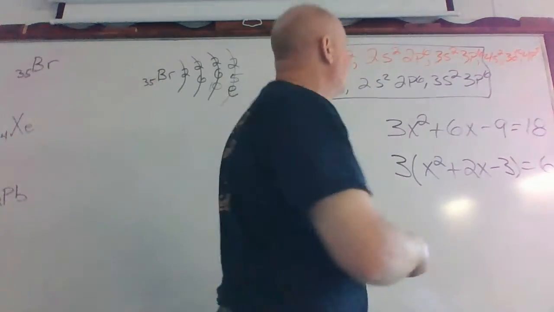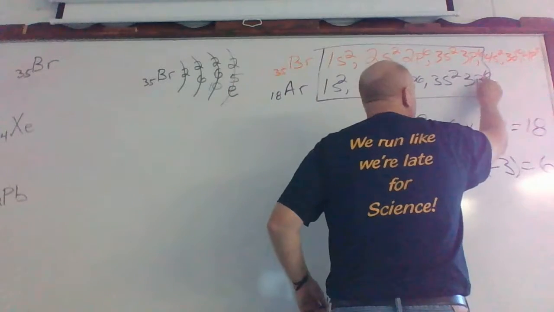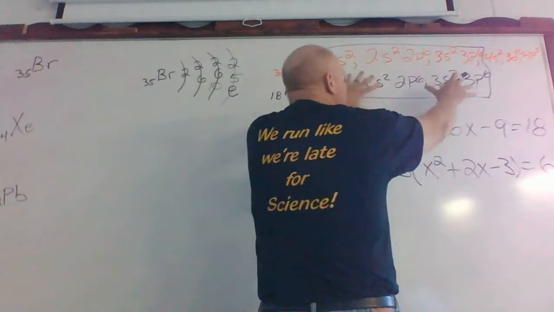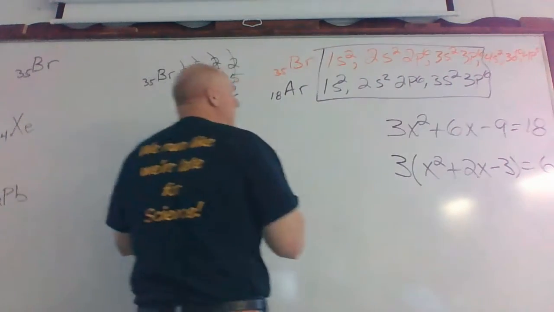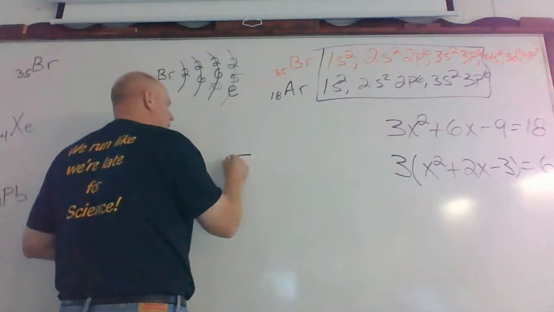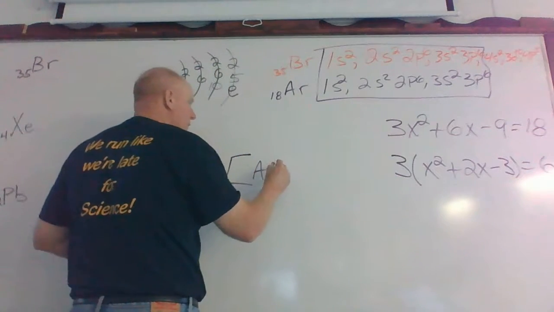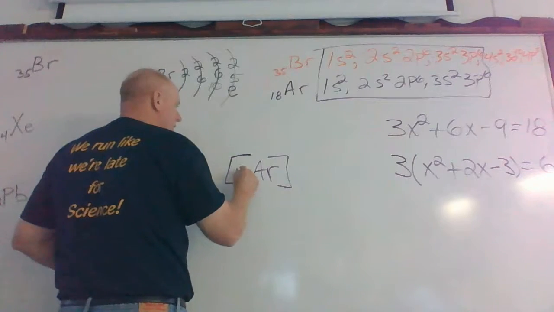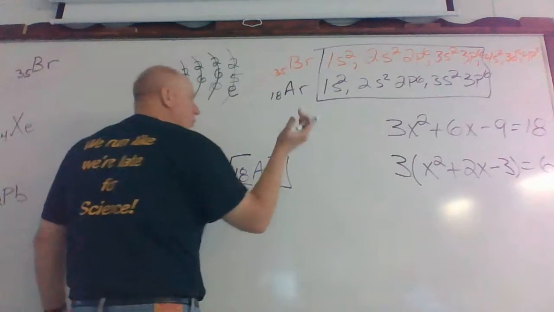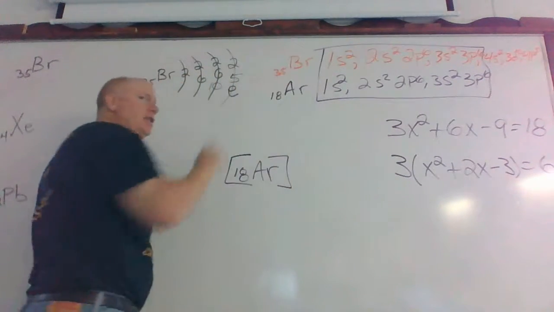So we're going to factor all of that information out of there and say we're going to use an argon or noble gas core. We're already up to 18. So what do we have left that's in the orange?